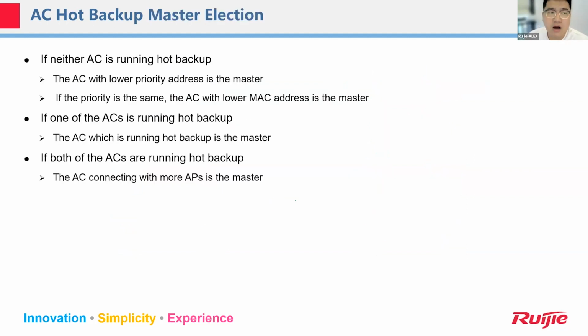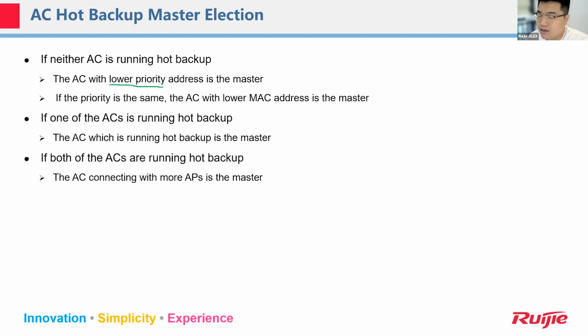And then let's see, how do we determine which AC is the master, which AC is the slave? Firstly, if neither AC is running hot backup, for example, we didn't enable hot backup on both ACs, in this situation, firstly, we will compare the priority. The AC with lower priority is a master.